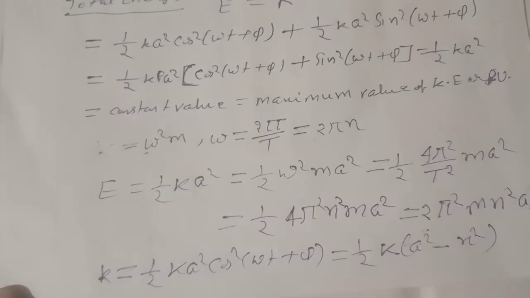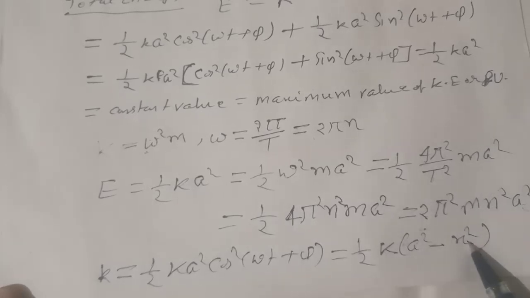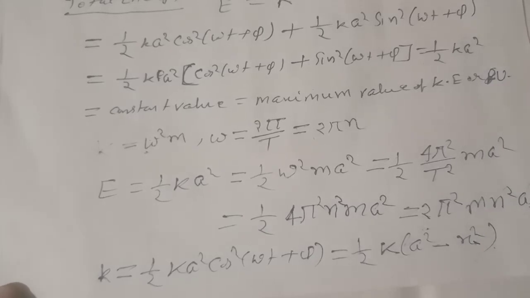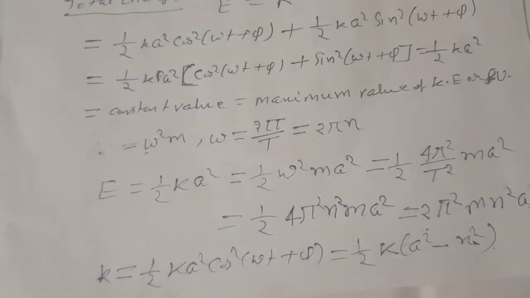That means the kinetic energy also depends on the square of displacement x. So it acquires the same value twice in each oscillation. So we can say that its frequency is 2n.